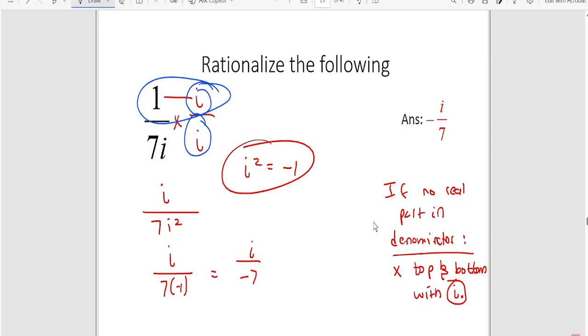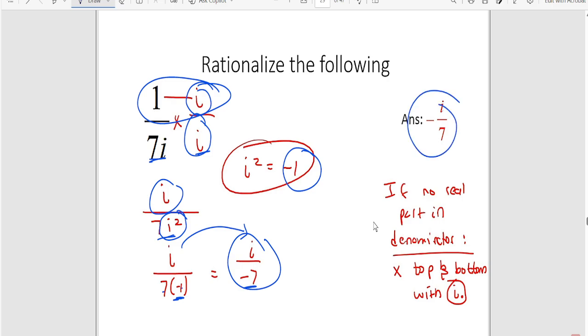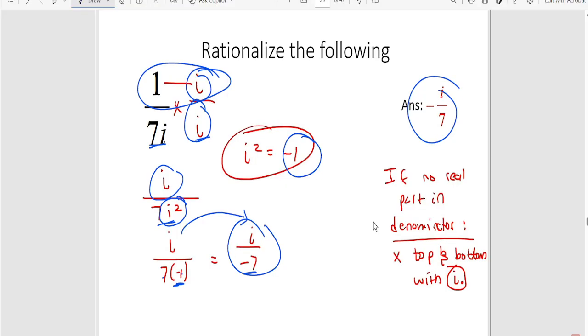So i times 1 gives me i, and 7i times i gives me 7i squared, right? i squared is equal to negative 1. So in place of i squared we can plug negative 1. Then in the numerator we have i, and 7 times negative 1 is negative 7, right? So my answer is negative i over 7. Okay, so that's how we do it.